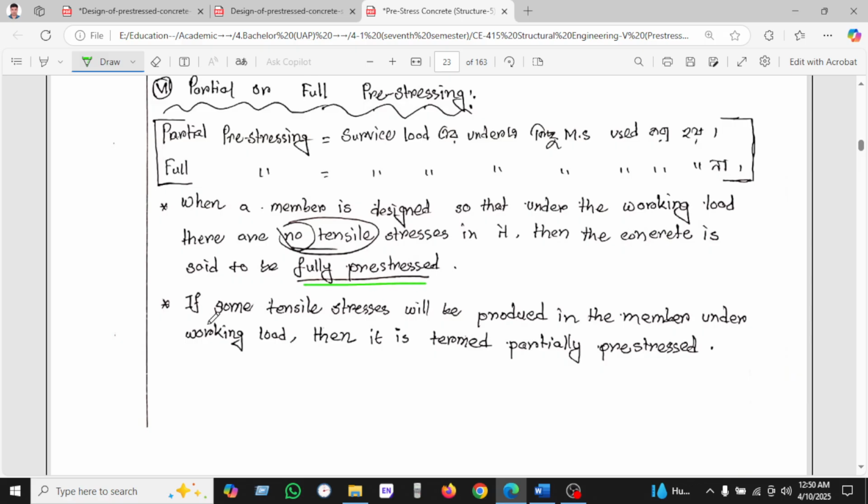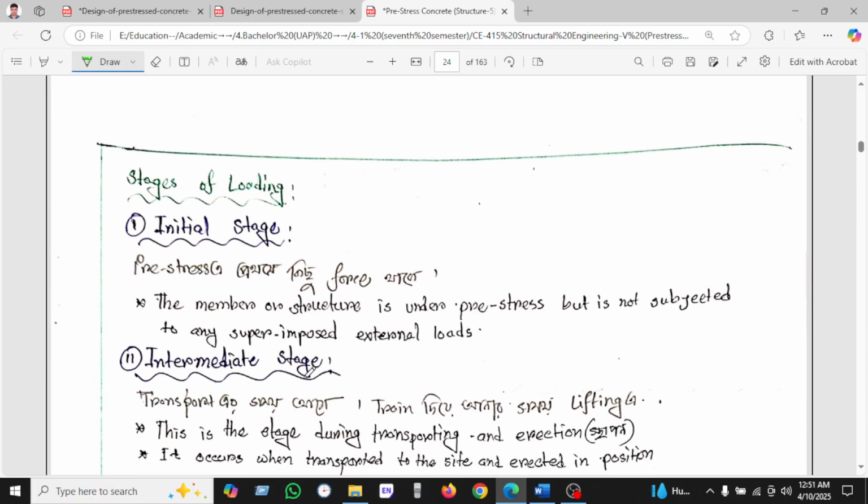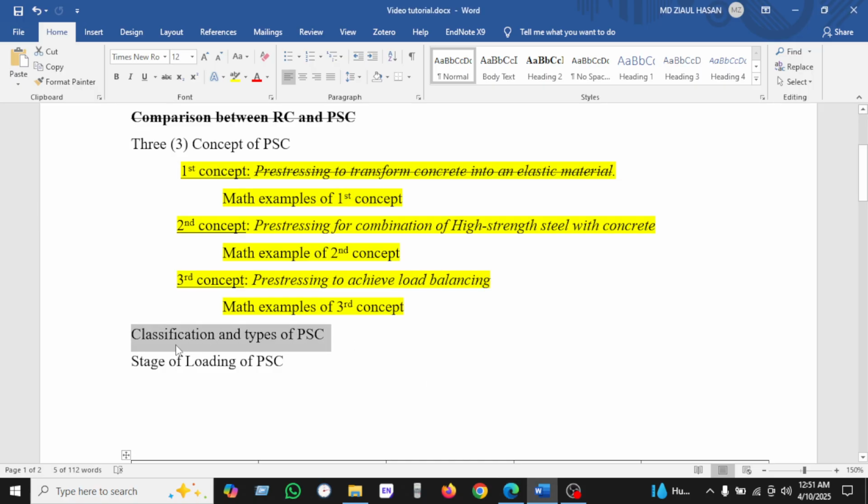And if some tension will be produced in the member under the working load, then it will be termed partial prestress. Okay, so the classification of types of PSC is completed. So now we see the stages of loading of prestress.